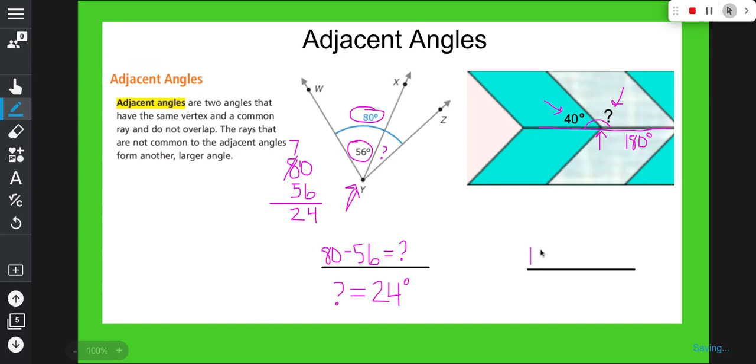So again, we can find our missing angle amount by doing 180 degrees minus 40 degrees. We should show our math, but to speed things along, we would get 140 degrees for our missing amount, and that would be our answer.